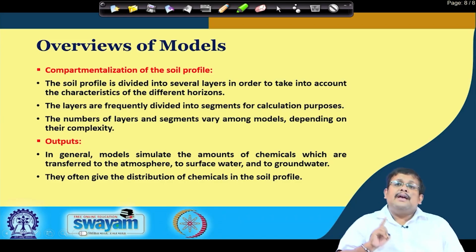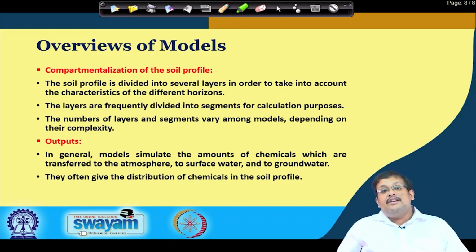Now, we have already completed the phenomena of the model. The next important aspect of a pollutant fate model is compartmentalization of the soil profile. Remember that the soil profile is divided into several layers in order to take into account the characteristics of the different horizons.